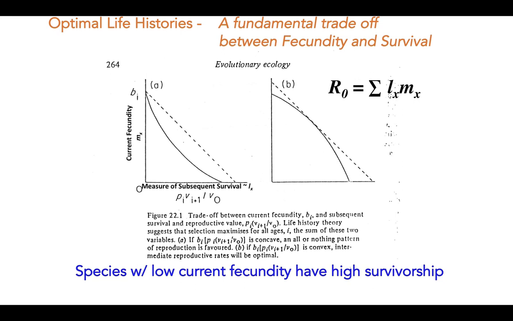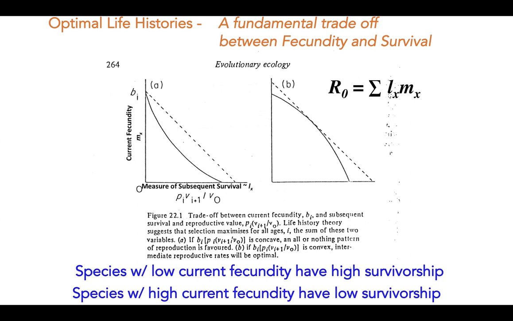And so species in general with low current fecundities, so if you don't produce a lot of babies or a lot of seeds, tend to have a high survivorship. On the flip side of the coin, species with high current fecundity, those with high birth rates, with high allocation to seeds, have low survivorship.